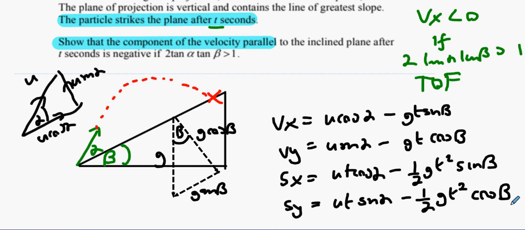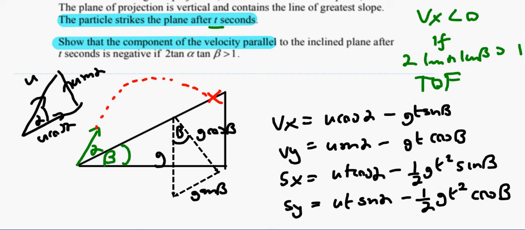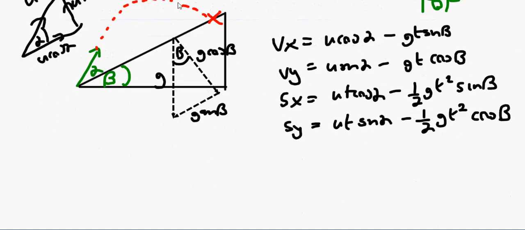Now, what's the first thing I have to target now? The first piece of information up here, what's that telling me to get? Time of flight. I need the time of flight. How do you get the time of flight? Sy equals 0, isolate t. So bring it down, put it equals 0.